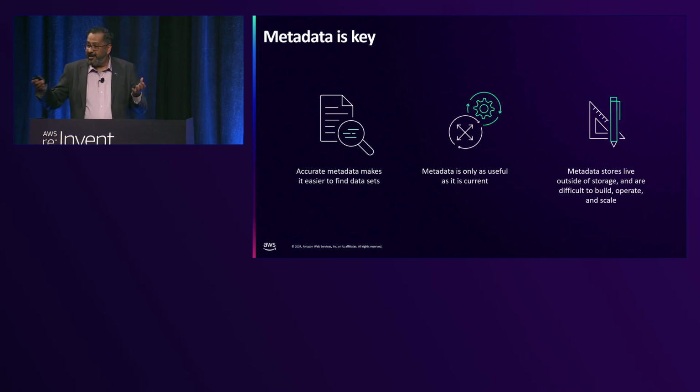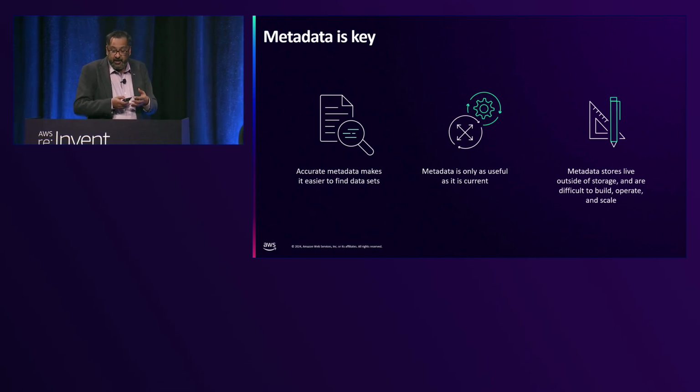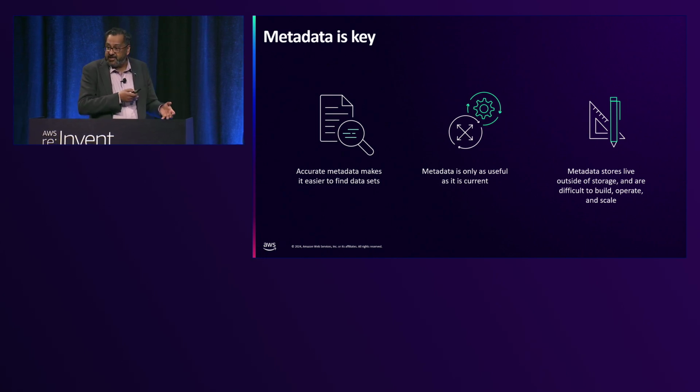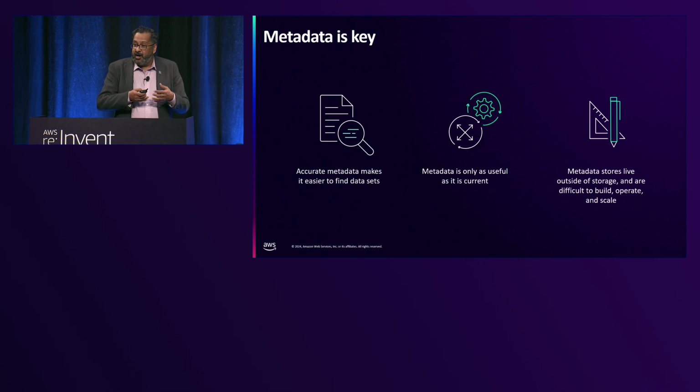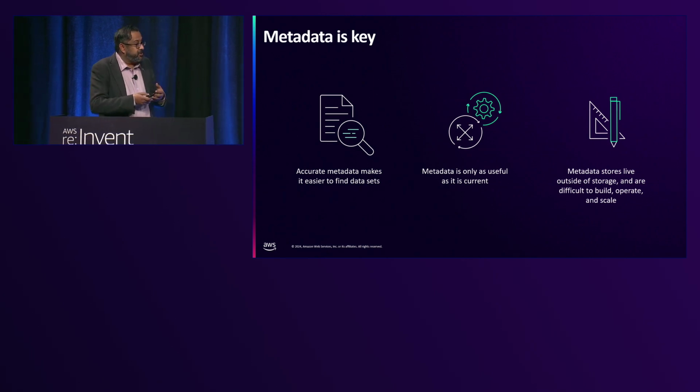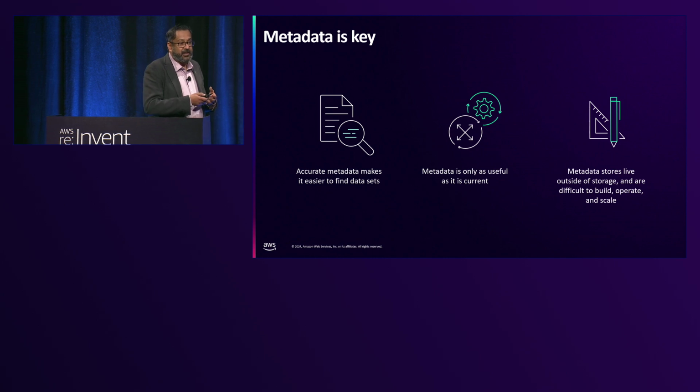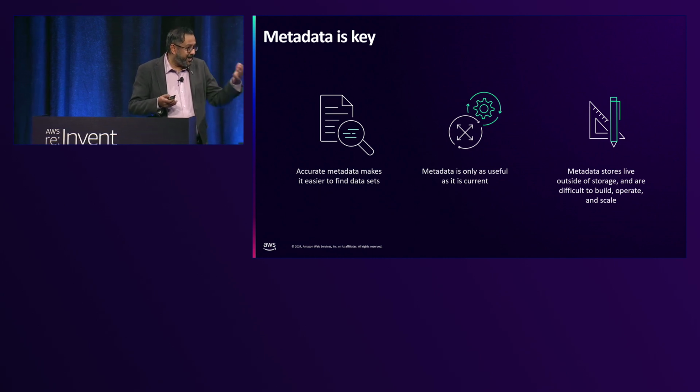Metadata is data about your data. You all know this, right? But at the same time, if you add metadata to your object, it helps you find the right data sets. It helps you search for the right data sets. But your metadata is useful only if it's accurate. So you've got to do that, number one.